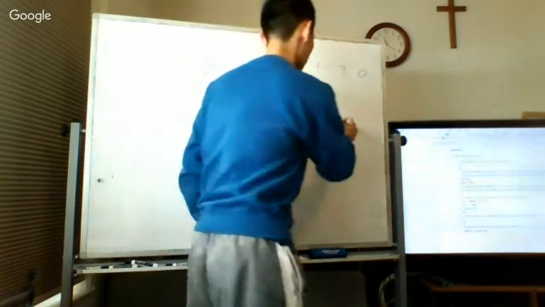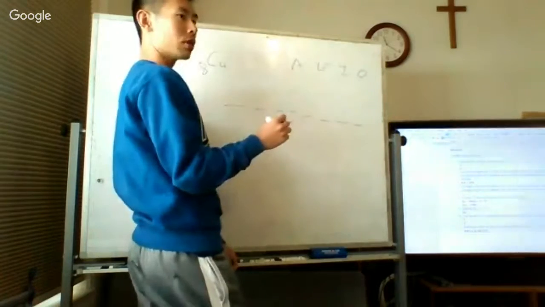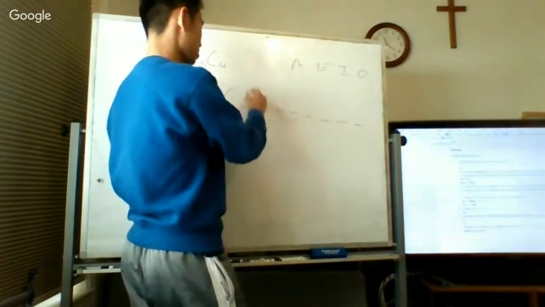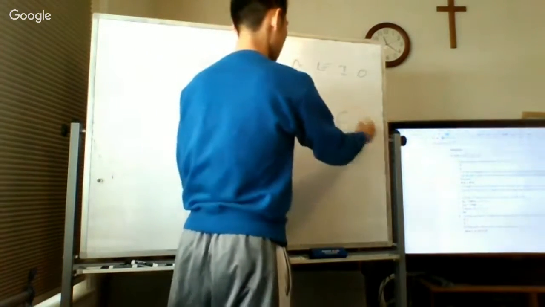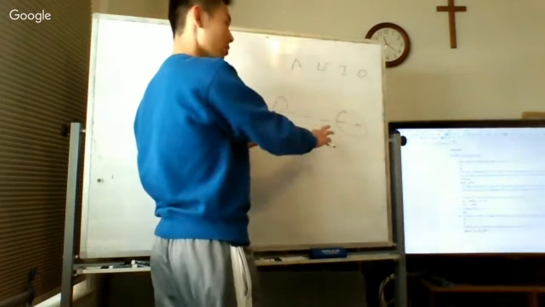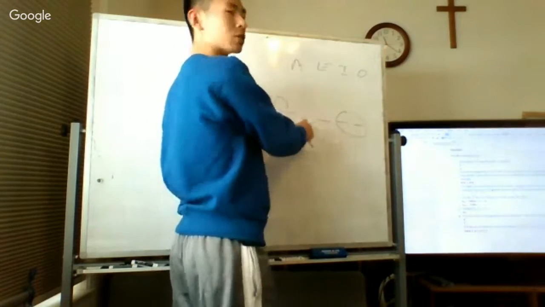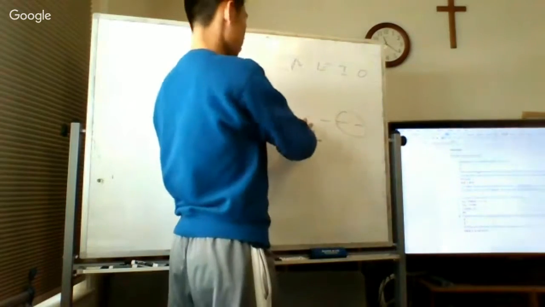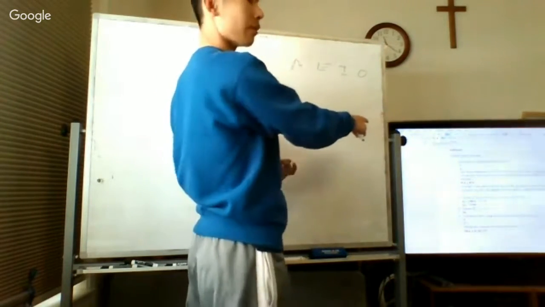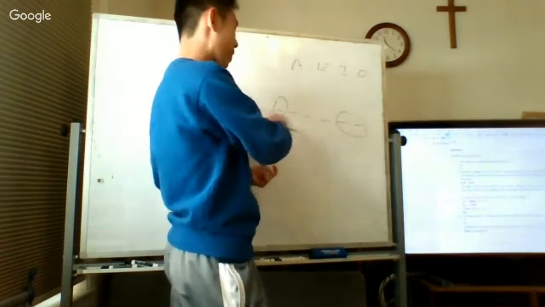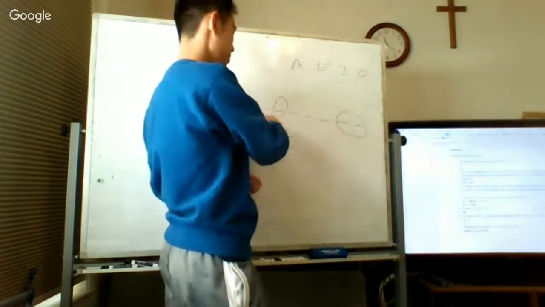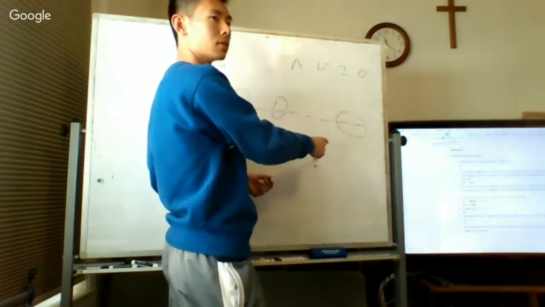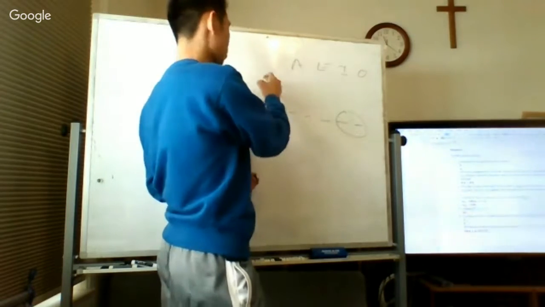Because out of these 8 spots, we already chose 4 for the vowels. So let's say we chose this one, and then these 2. These are the vowels. Now we have fixed spots where the consonants can go. But then we have 4 consonants left over. How many ways can we arrange those consonants in these 4 spots? 4 factorial, right?